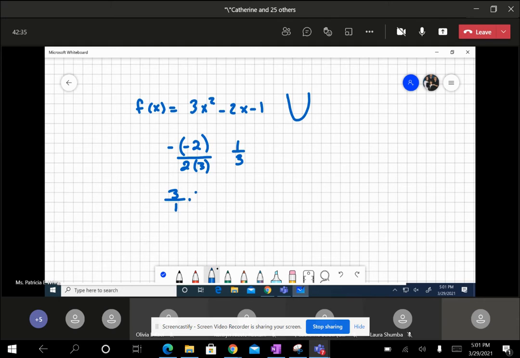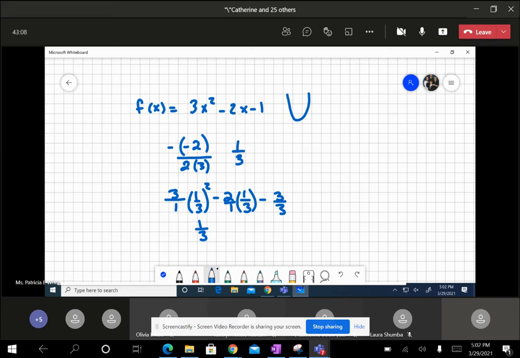3 times 1/3 squared minus 2 times 1/3 minus 3/3. So this is 1/9, and that's going to cancel with that 3 back down to 1/3, yes? Be checking my math, guys.